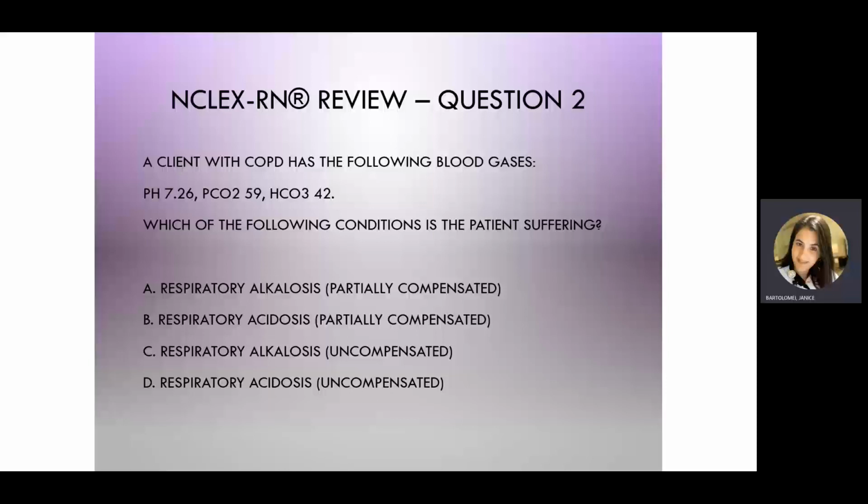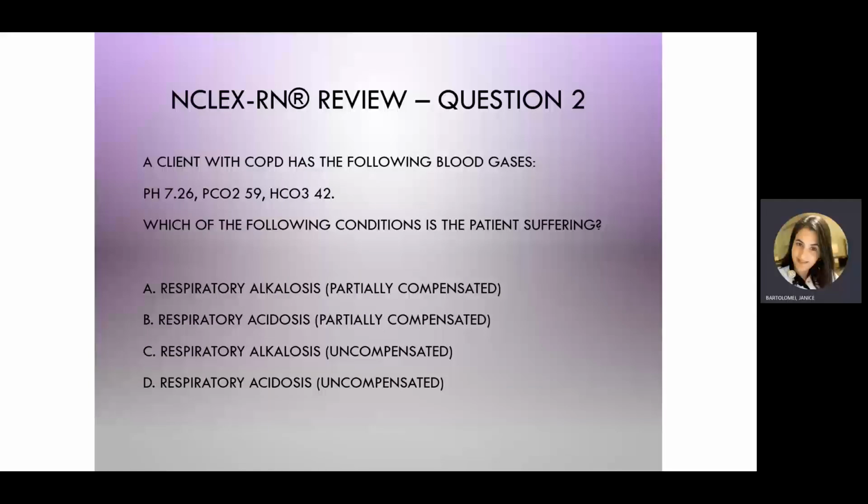The next one is, well, is it compensating or is it not? Who compensates in the respiratory issues? The kidneys. Yes, you got it. The kidneys compensate. And because we're in an acidotic state, the kidneys are going to try to hold on to bicarb to basically retain base. So we know we're compensating here. Because look at that bicarb.